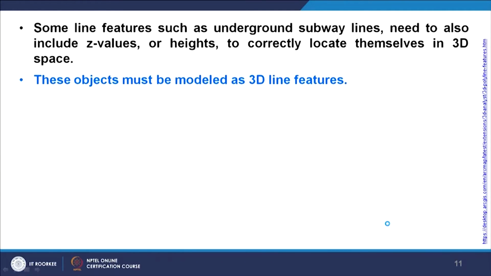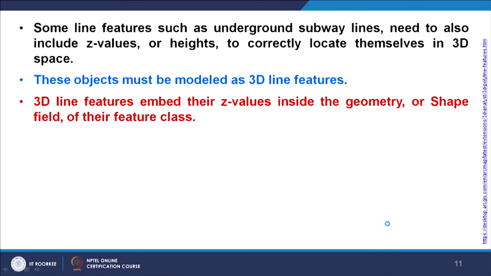And these objects, that means underground lines, must be modeled again as 3D line features. So that means the height is always attached as attribute of each line or each point. Basically a line is made from continuous points which are interconnected, so the height value is stored against the point basically.